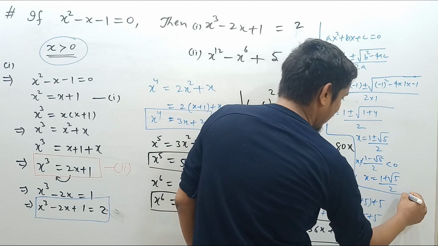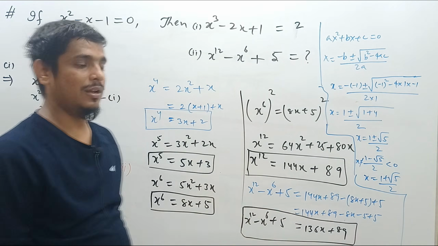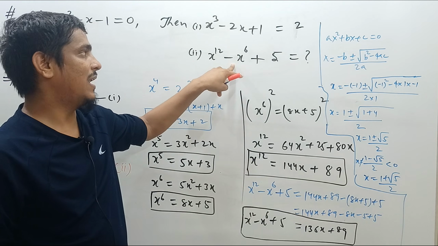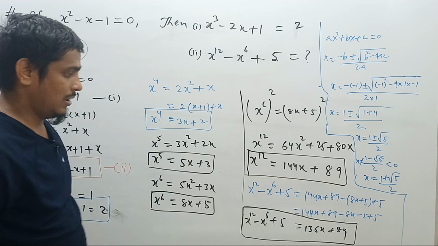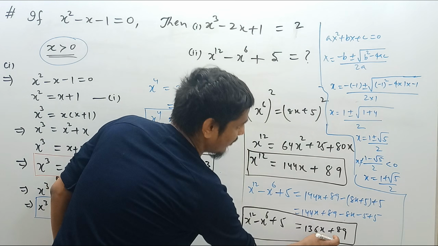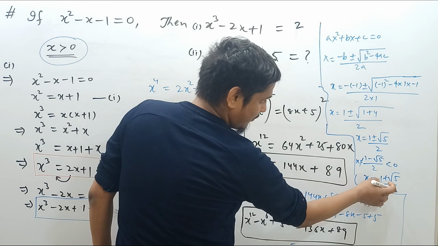So this value of x we need to substitute over here. That is going to give us the value of x to the power 12 minus x to the power 6 plus 5. So substitute this value of x over here. We'll get 136 times of x. Means this x is 1 plus root 5 by 2.